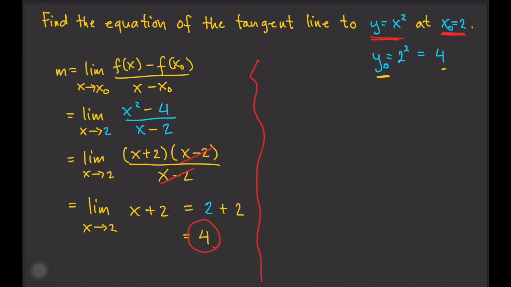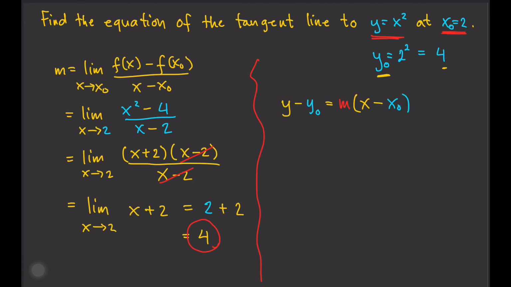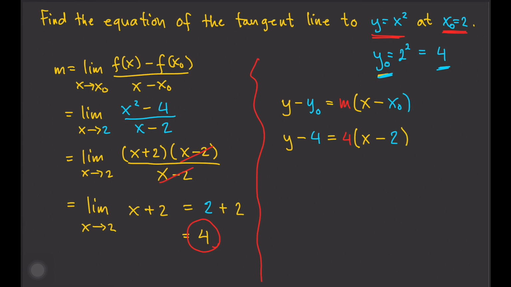Then we can use the point slope form. Let's just plug the values in. We have y minus y sub o, which is 4. Our m is also 4, so we write 4 times x minus x sub o, which is 2, and then simplify. This will give us y minus 4 equals, then we distribute the 4 over x and negative 2, so that's 4x minus 8.